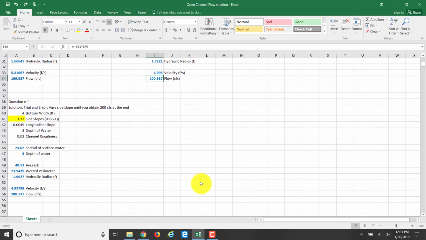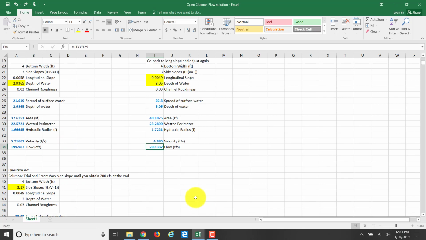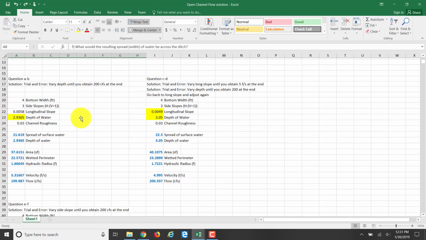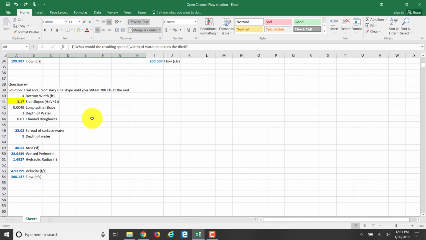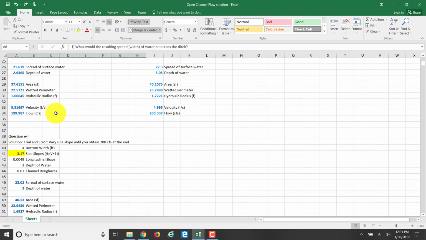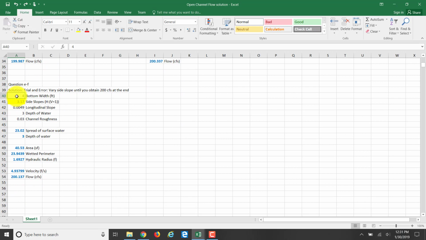The last items that I need to do to solve this are, if the depth were desired to be below 3 feet for answer in D, what side slopes would be required, and what would the resulting spread of the water be. So now I'm going to come over here, and I've copied these again. Same information. I have my bottom depth of my channel.